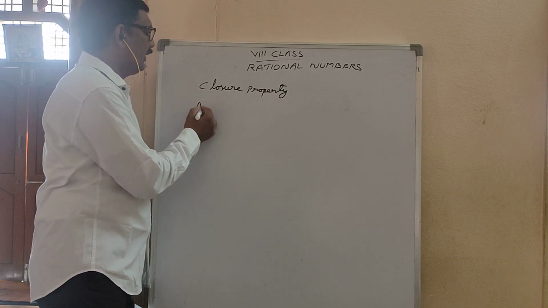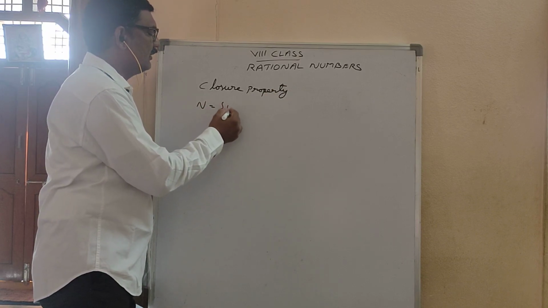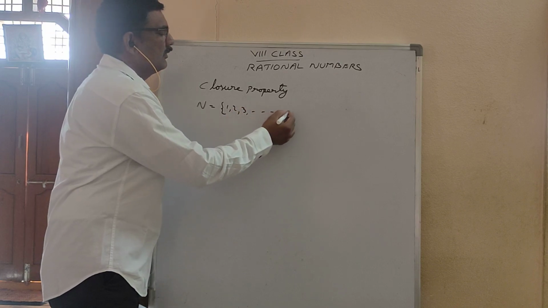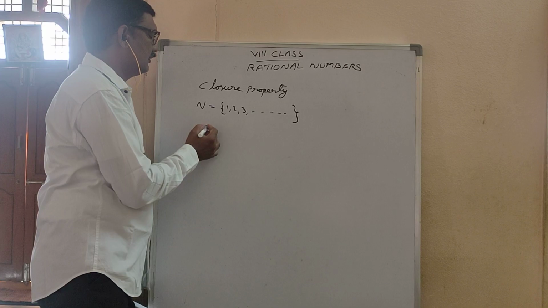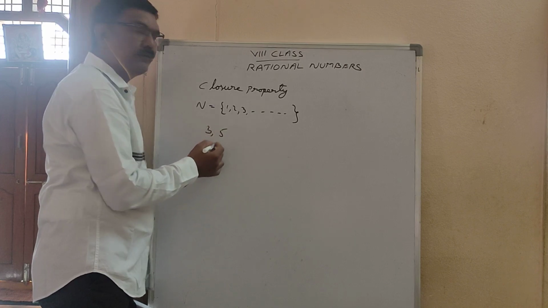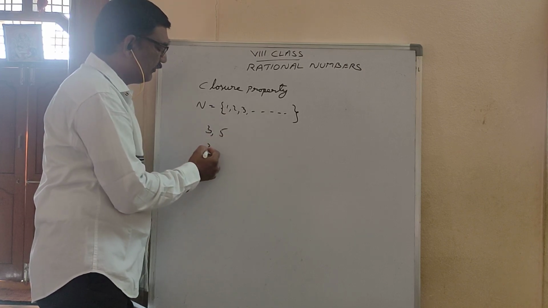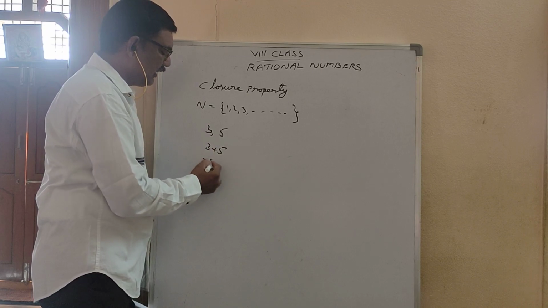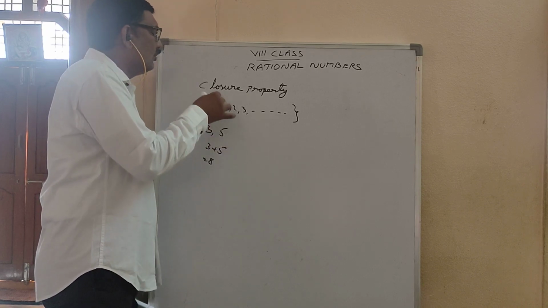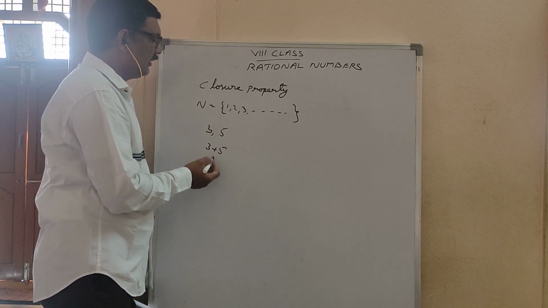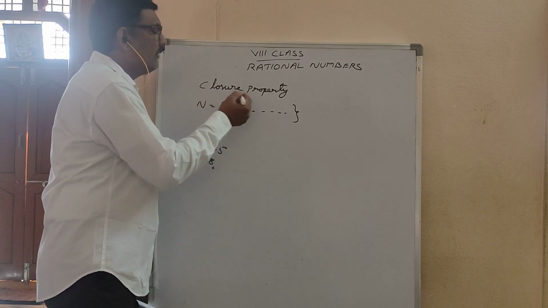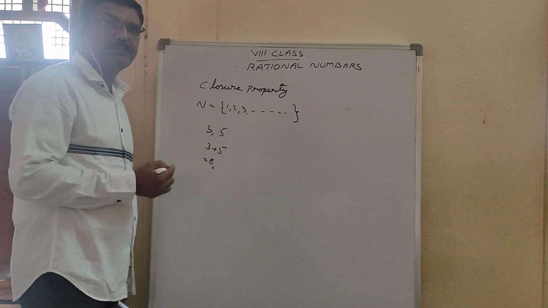So, if you are taking the set of natural numbers, if you pick any two numbers, 3 and 5, and add them, the result should also belong to N. Means, this 8, is it present in the set of natural numbers or not? You have to see it.